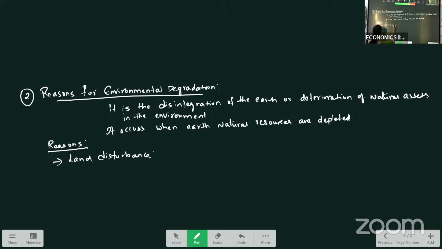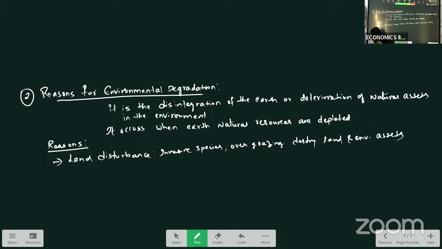So we can say invasive species and overgrazing destroy land and environmental assets.